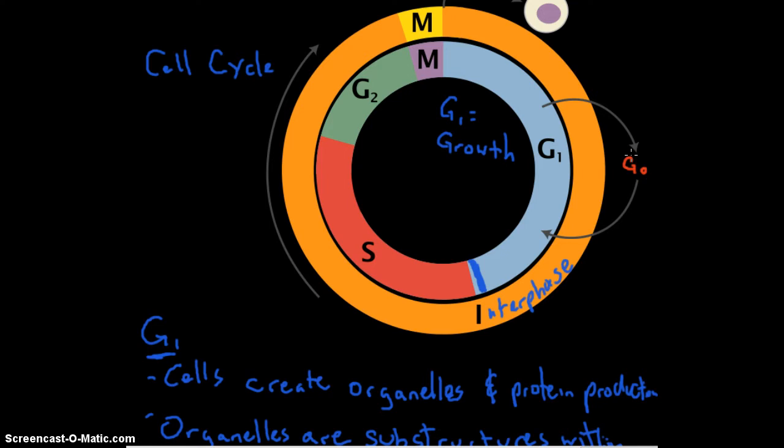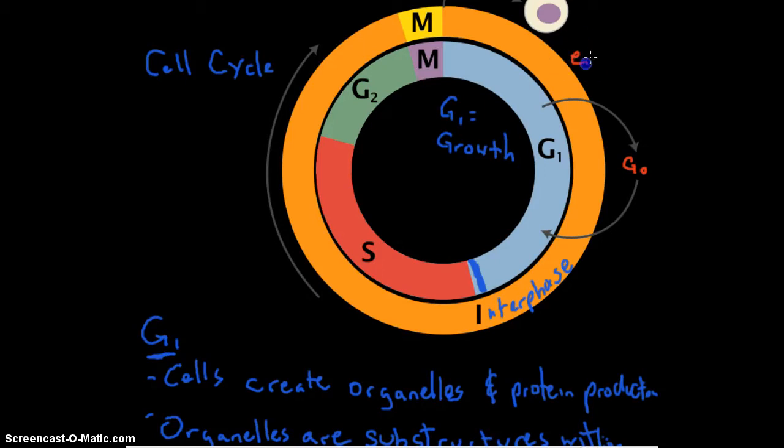You can think of G naught as G0. And there are certain cells that go into terminal differentiation. So what does that mean? Cells that don't continue to divide. So certain cells spend an infinite amount of time in an offshoot of G1 called G naught.